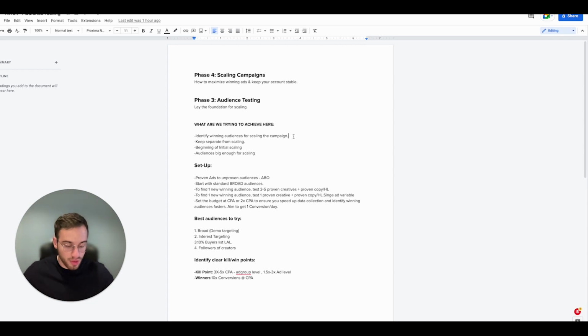We are pushing all the winning elements from all the different phases, from the creative testing, the message testing, and the audience testing. We're pushing a lot of budget into scaling campaigns, improving concepts, and having 100% clarity of what to work. This is how you scale effectively on any platform, in my opinion.